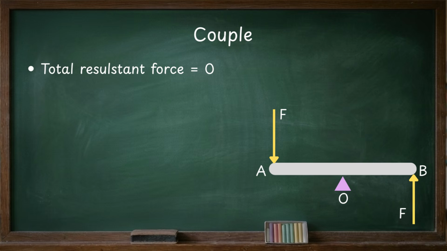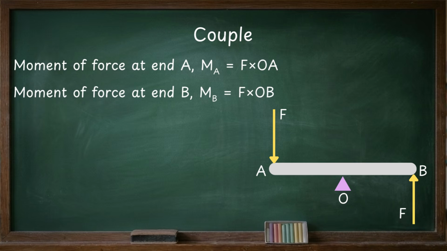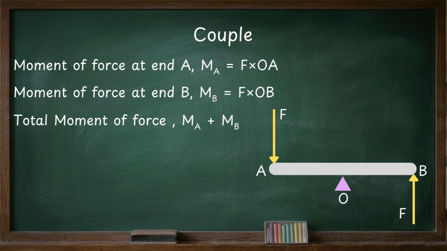To calculate the total turning effect, we just find the sum of the moments created by each force individually. The moment of the force at end A is F multiplied by its distance to the pivot, OA. The moment of the force at end B is F multiplied by its distance to the pivot, OB. Both of these are turning the bar anti-clockwise. If we add them together to get the total moment of the couple, we get F times OA plus F times OB.